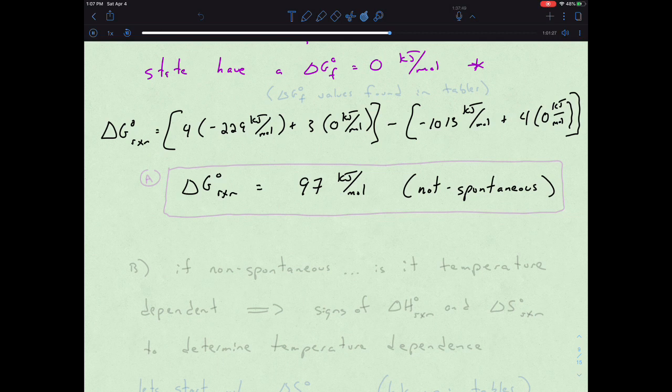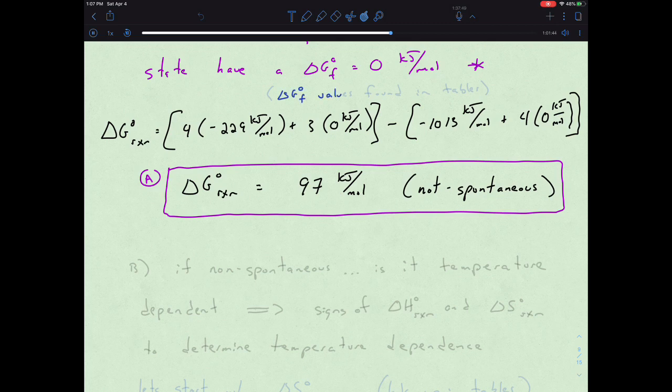So this is our answer for part A. And remember that these values that we got above here are just found in tables. So we're just plugging them in from tables, looking them up, making sure we have the right molecule, making sure we have the right phase of that molecule.